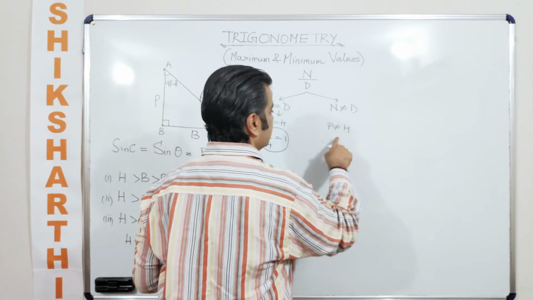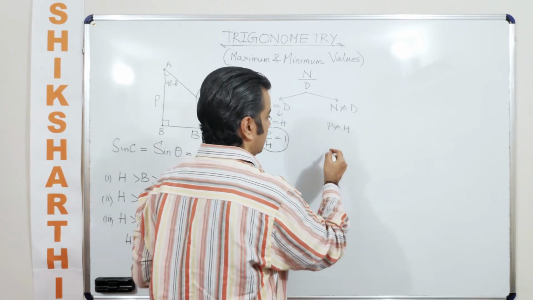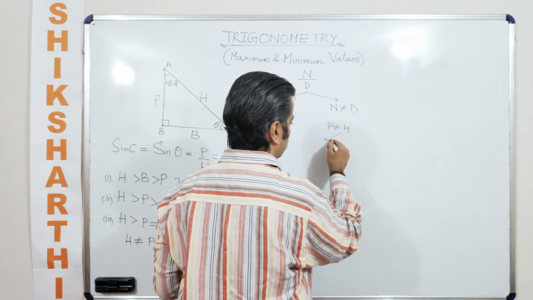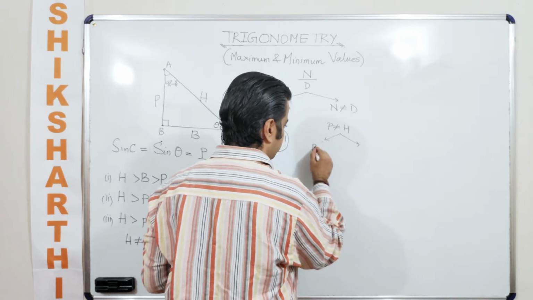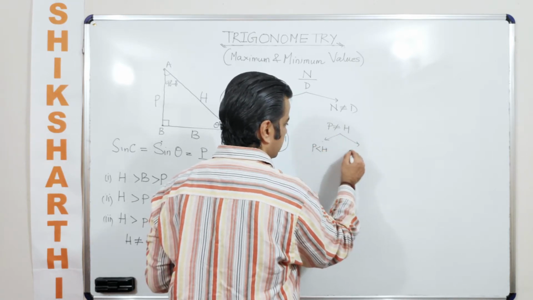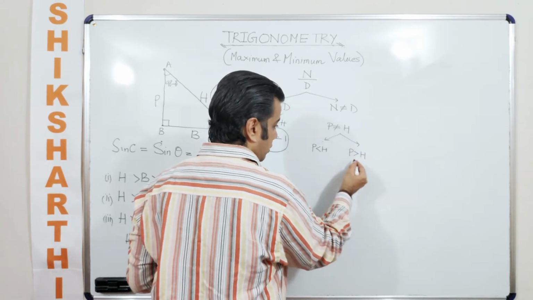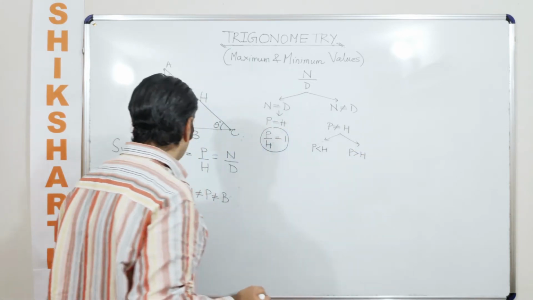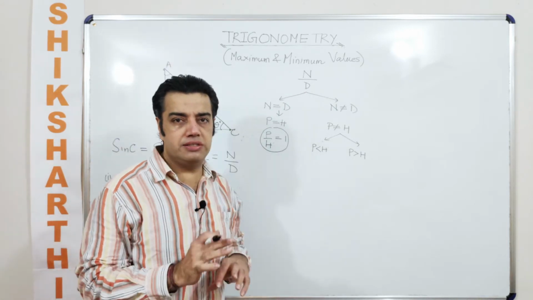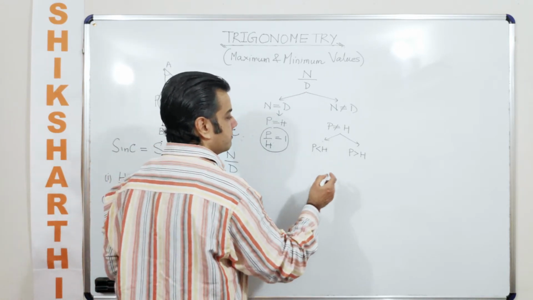Now when I say P is not equal to H, what am I basically talking about? I would talk about two cases. One is P is lesser than H. The other case is P is greater than H. Now P cannot be greater than H because we know in a triangle the hypotenuse is the longest side.